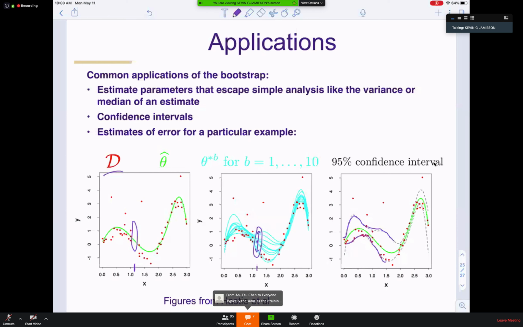It's saying that if I look at any particular point, 95% of the time the true function will land within this confidence interval. So this is one big application of Bootstrap to give you confidence intervals that are very non-parametric. I can ask these things about anything, and I can give you some confidence interval out. So it's extremely powerful in this regard.